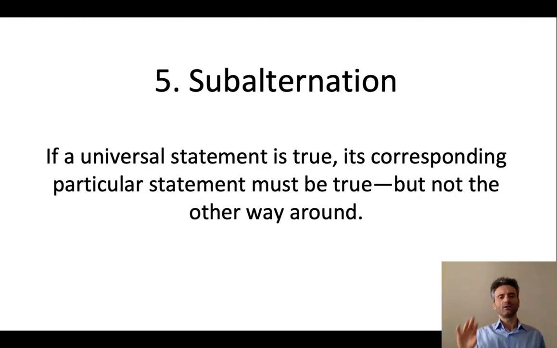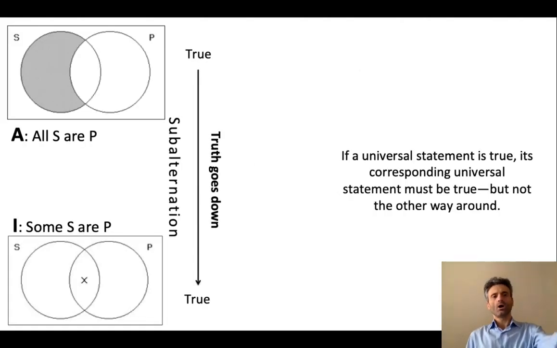No S are P and some S are not P. Okay? So if the universal statement is true, truth always goes down, but it never comes back up. It only goes down. So if "all bananas are yellow" is true, then it must be true that some bananas are yellow. This is very simple.